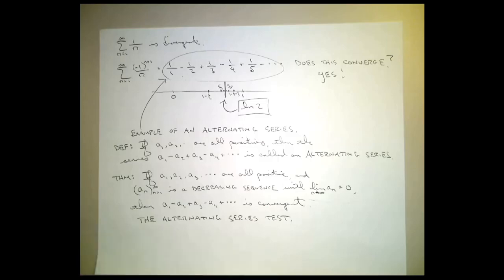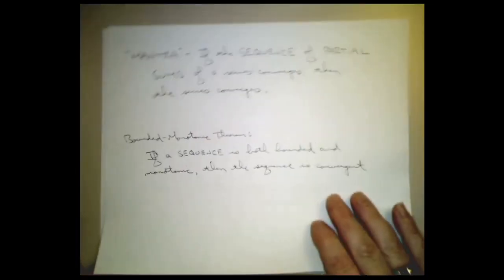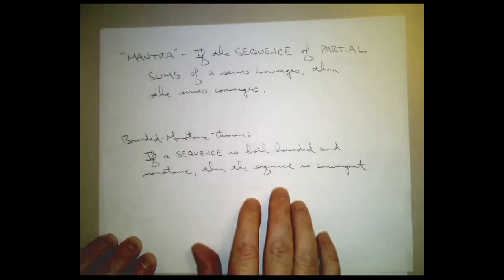Now, before going on, I'm going to ask you to see if you can remember what the mantra is for this chapter. Take a moment. Remember, it begins: if the sequence of partial sums. Did you get it? All right, let's look back at it here. So the mantra is that if the sequence of partial sums of a series converges, then the series converges.